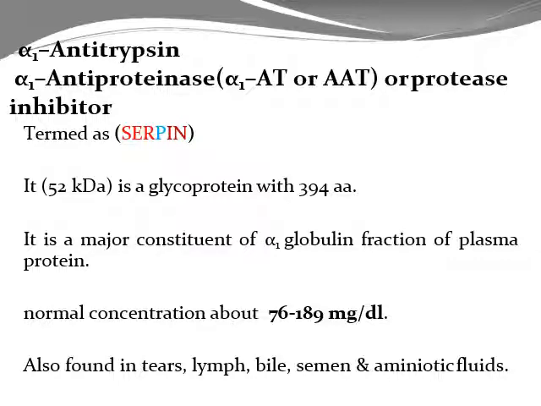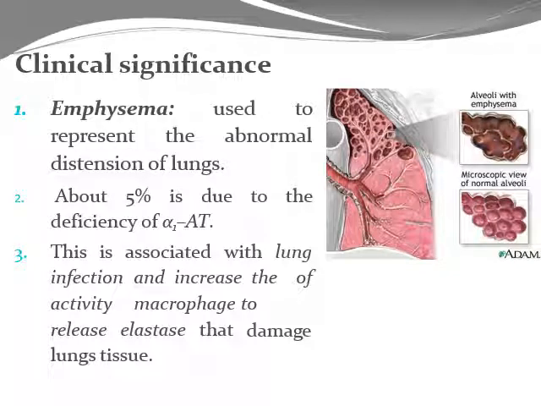Normal concentration is around 76 to 189 milligram per deciliter, and it is also found in tears, lymph, bile, semen and amniotic fluid as well. The clinical significance of alpha 1 antitrypsin is that it can be referred to with the condition called emphysema.